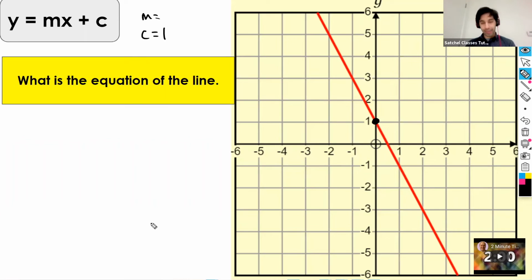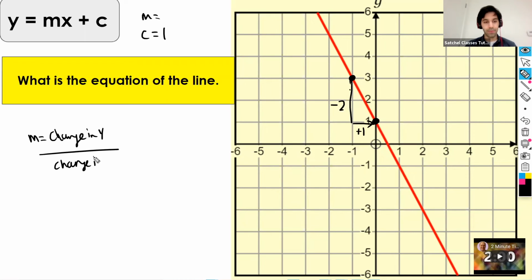And what is the gradient? Again, I'm going to pick two coordinates. I'm going to pick this coordinate here and this coordinate over here. Now I would have to go down by 2, so that's -2, and across by 1, +1. So m is change in y over change in x.